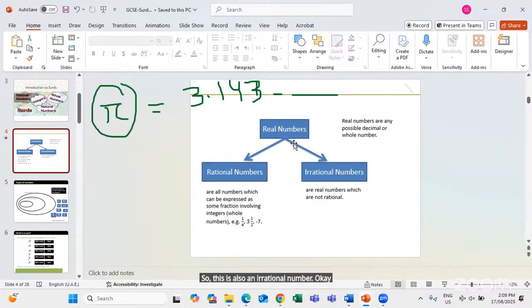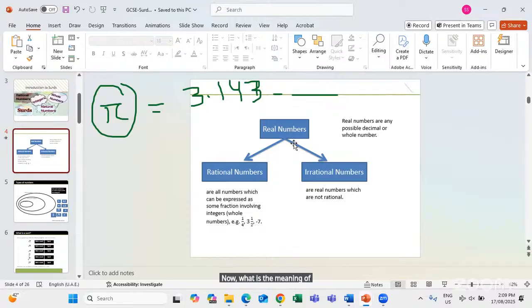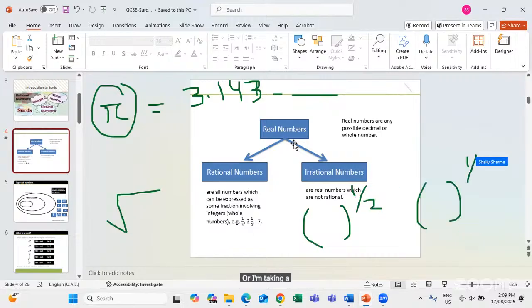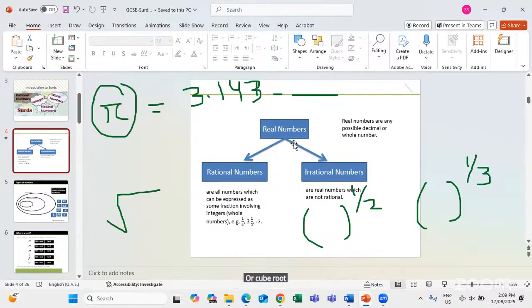Okay. Now comes the definition of surds. Now what is the meaning of surds? If we take the roots, it can be a square root or a cube root. It can be any root. Root means I am taking the power like a half, or I am taking a power like 1/3, 1/4. So they become 1 over. So it is a square root or cube root or fourth root and so on.